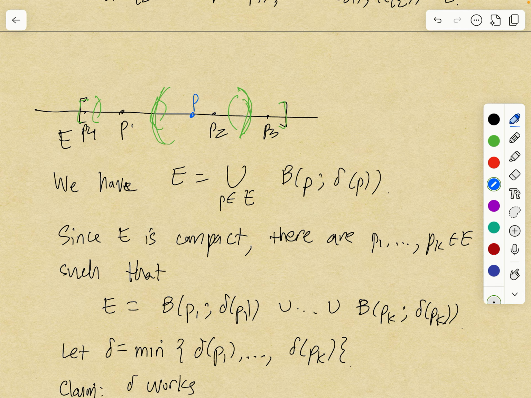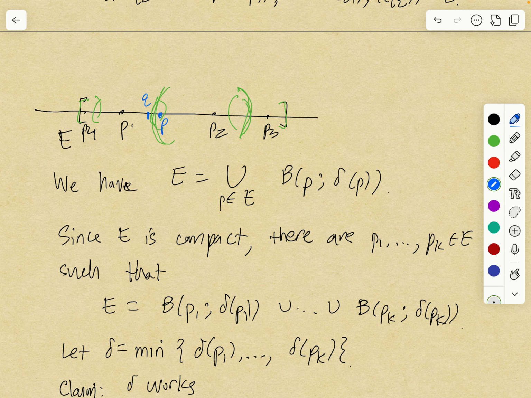Now, if Q were in this interval, if Q were here, then we'd be done. The problem is that Q doesn't have to be there. So you could take P to be really close to the edge of this interval. So P might be here. And if you take delta to be the minimum of the radii, you could still take Q to be really close to P, but outside of the interval.